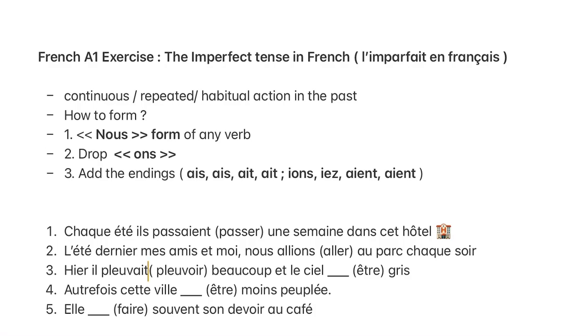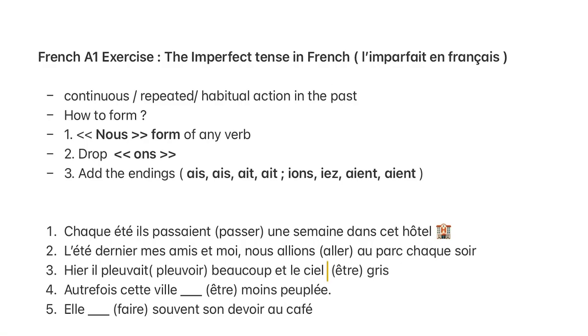Now moving on to the second part of the sentence, the verb in the brackets is être, which means to be. So the verb être is an exception when it comes to the imperfect tense in French, since it already has its own stem.